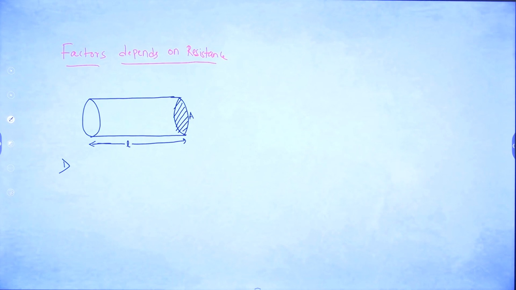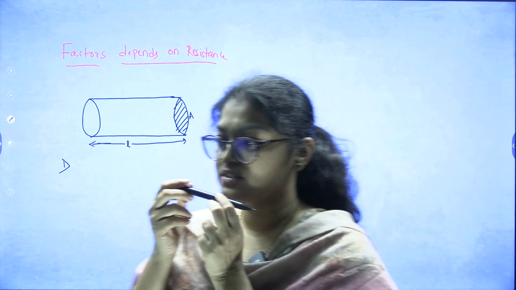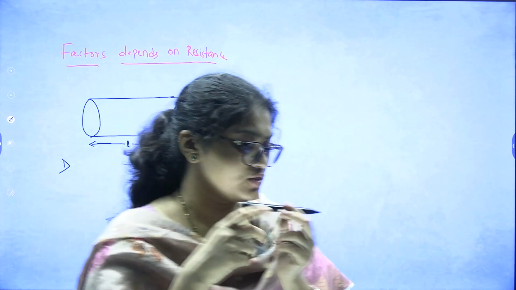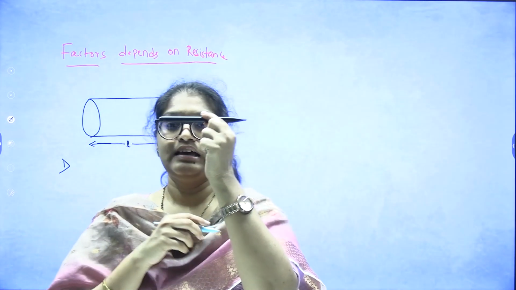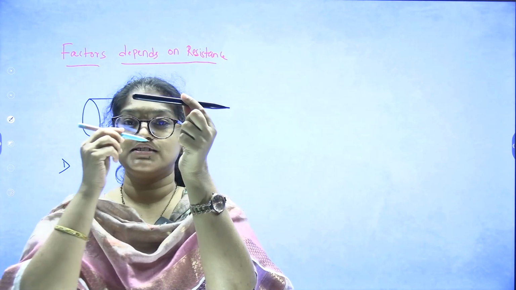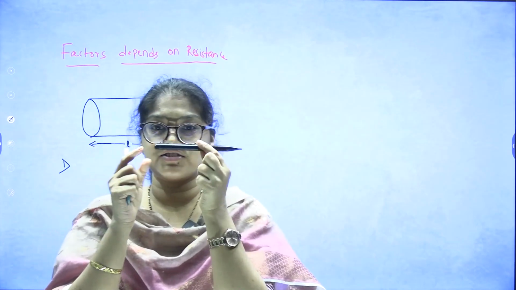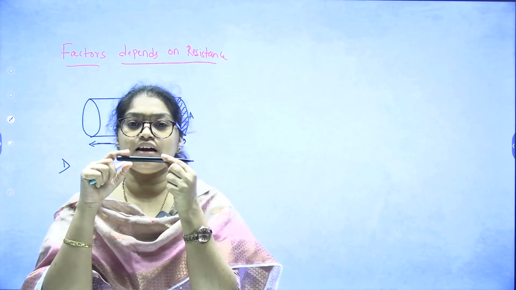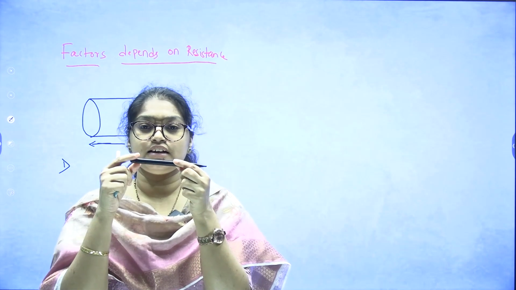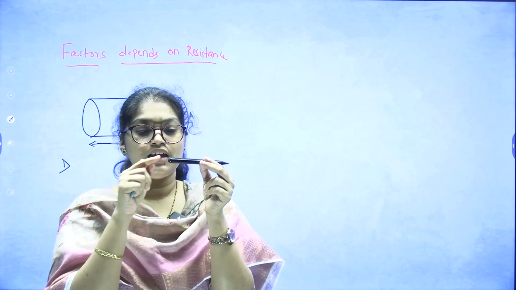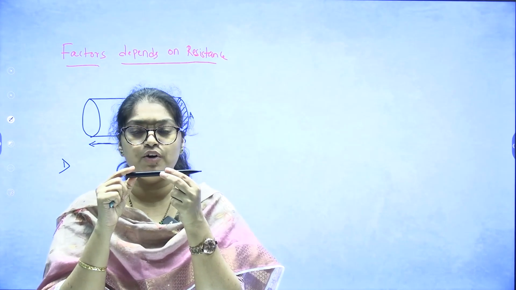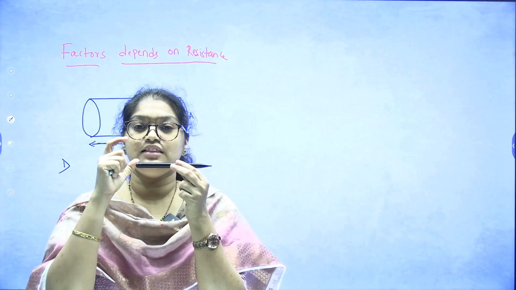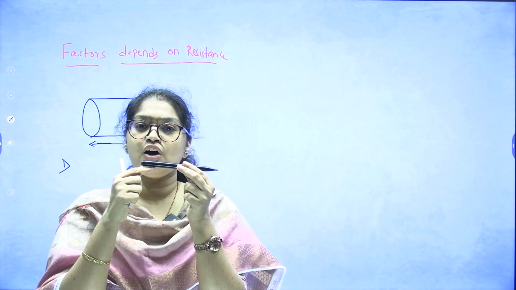Remember this point. If the area of the cross section is more, then what happens to the number of electrons? I'll take two scenarios. This is a thick conductor, and this is a thin conductor. The first case is a thick conductor. If it is a thick conductor, the area will also be more. Yes or not? Yes. The first point is clear.